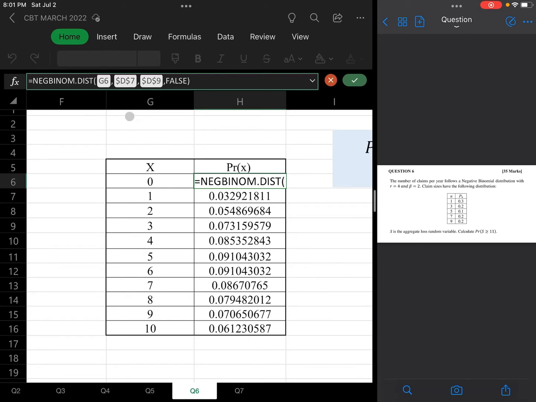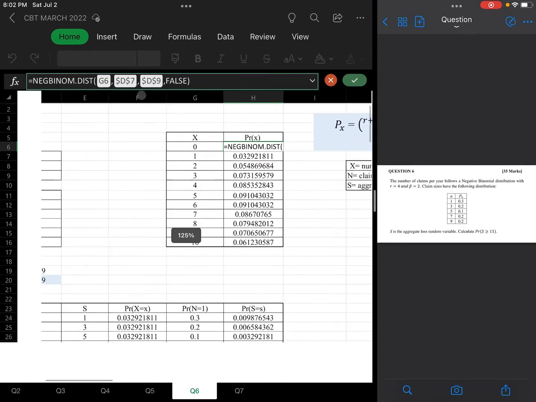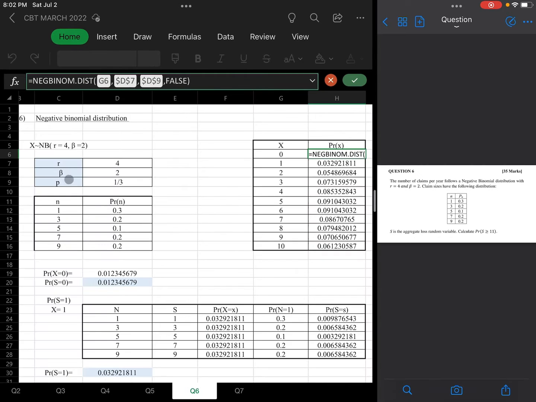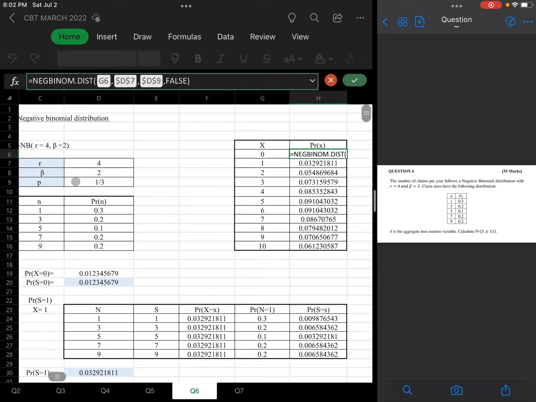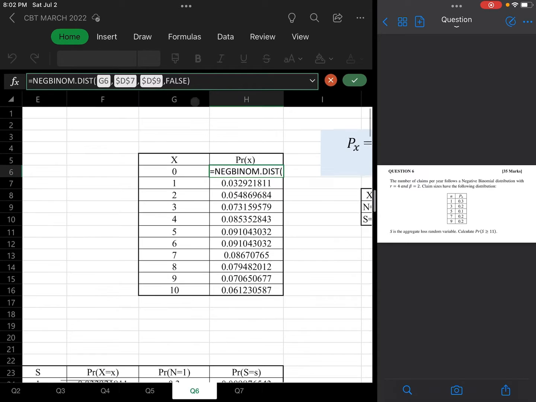The number of failures here is x, which is 0, so we can just put G6. For the second value we put the number of successes, which here is D7, the value of r. Next we substitute the probability of success, which is 1 over 3, and since it is not cumulative we write false.